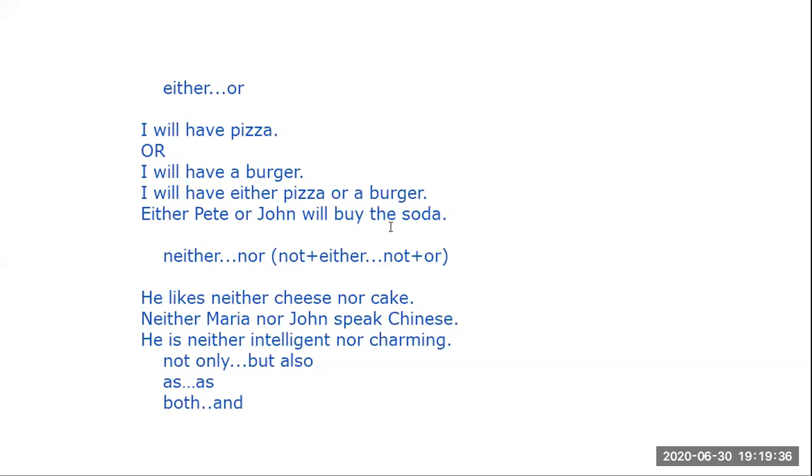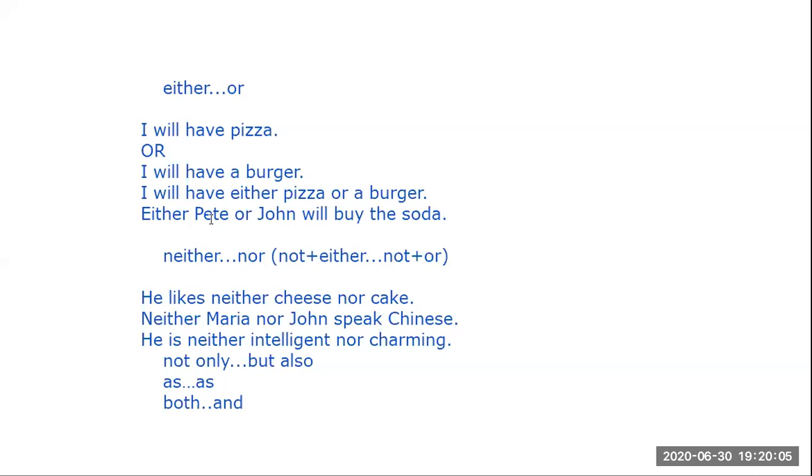Okay, so either indicates that we're talking about two things. Two things, two possibilities, two actions, two descriptions. Either joins two things or two people in the same sentence. Yes, as long as they are similar things.